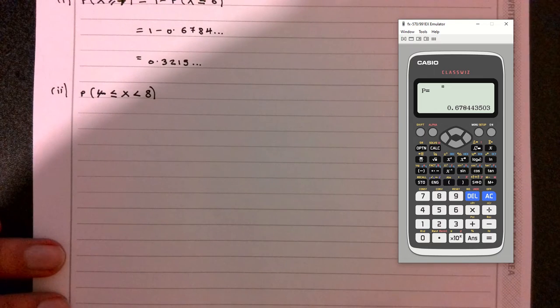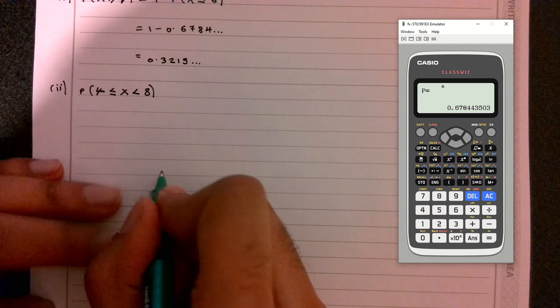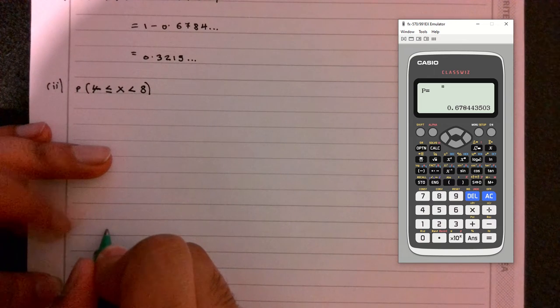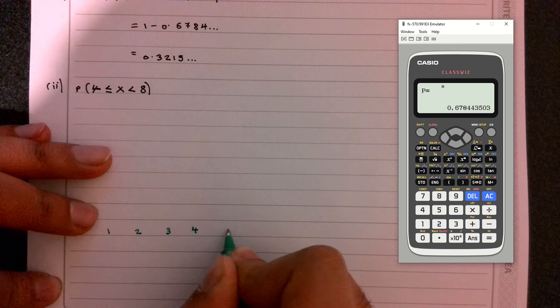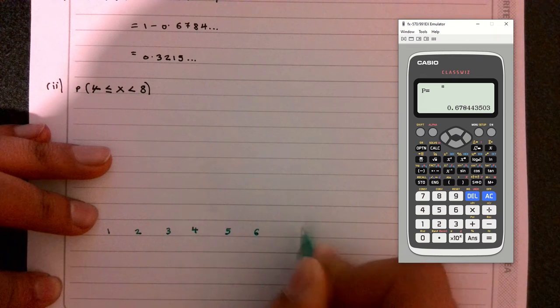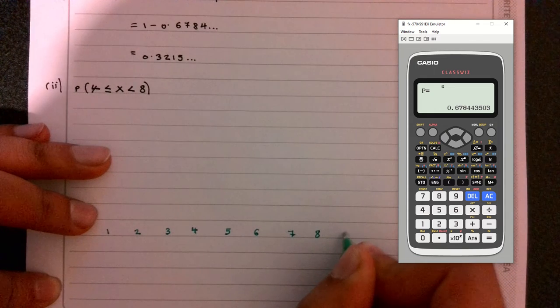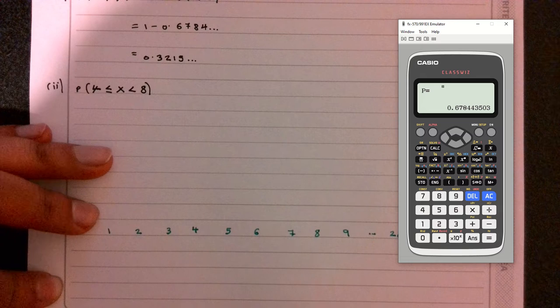If we list our numbers 1 to 28, so we have over here 1, 2, 3, 4, 5, 6, 7, 8, 9, etc., all the way up to 28.